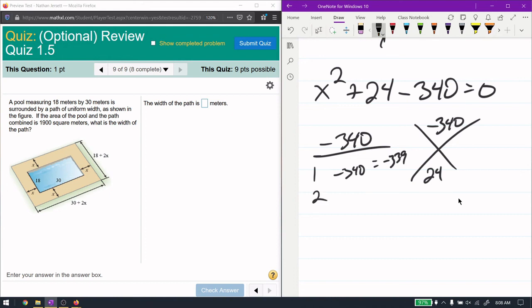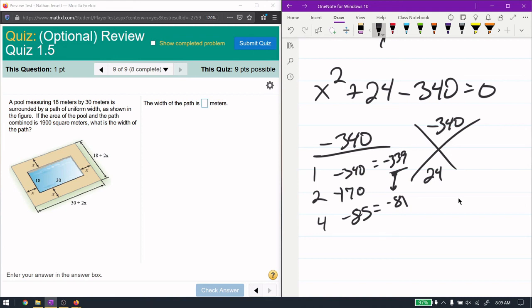We get 2 times 170. That's still way too far apart. 3 cannot go into there. 4 can. 4 times 85. We're getting closer, right? 4 minus 85 is negative 81, of course. That's much closer than the 339 was, but we still are too far apart.